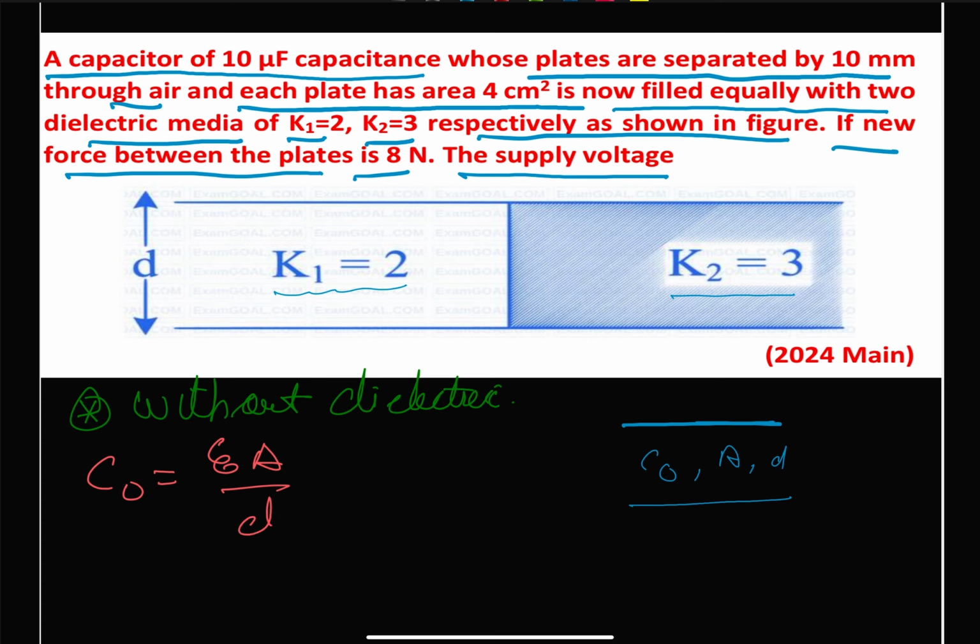From here we are going to find the value of epsilon naught, because C0 is given as 10 microfarad. So 10 into 10 to the power minus 6 is equal to epsilon naught times the area, 4 into 10 to the power minus 4, divided by 0.01.